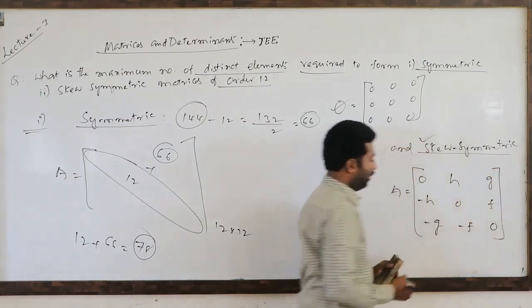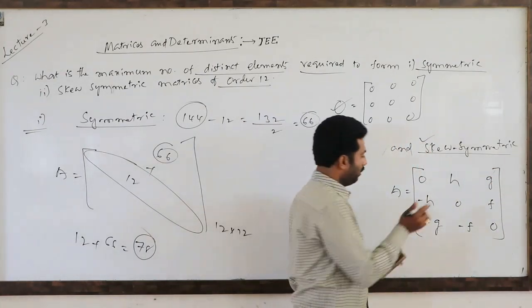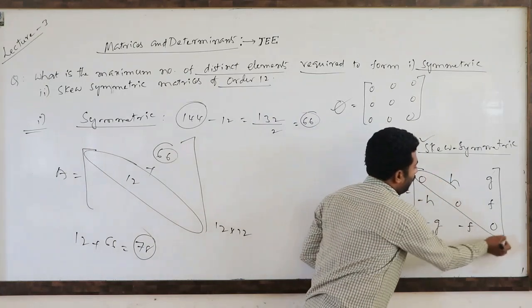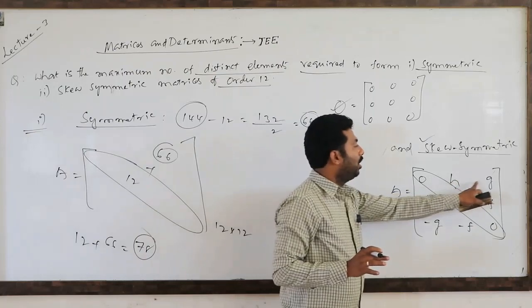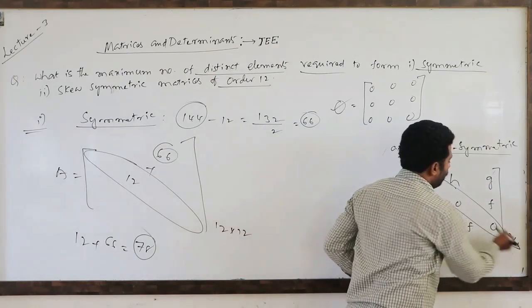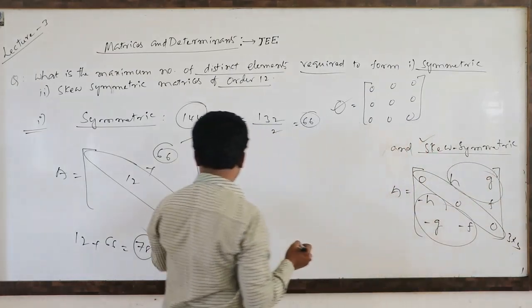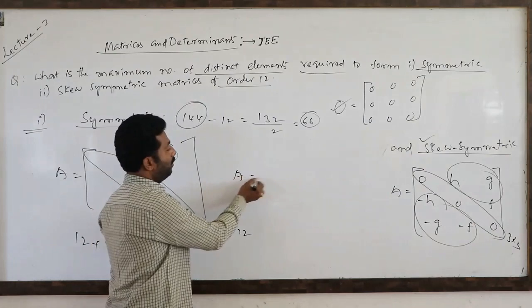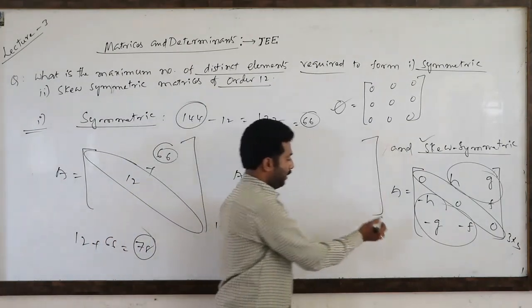Very clear. Whatever the order, whether even order or odd order, all the principal diagonal elements must be 0. The remaining non-diagonal elements: for 3 by 3 order, here 3 elements, here 3 elements. So if the order is 12 by 12, there are 144 places.